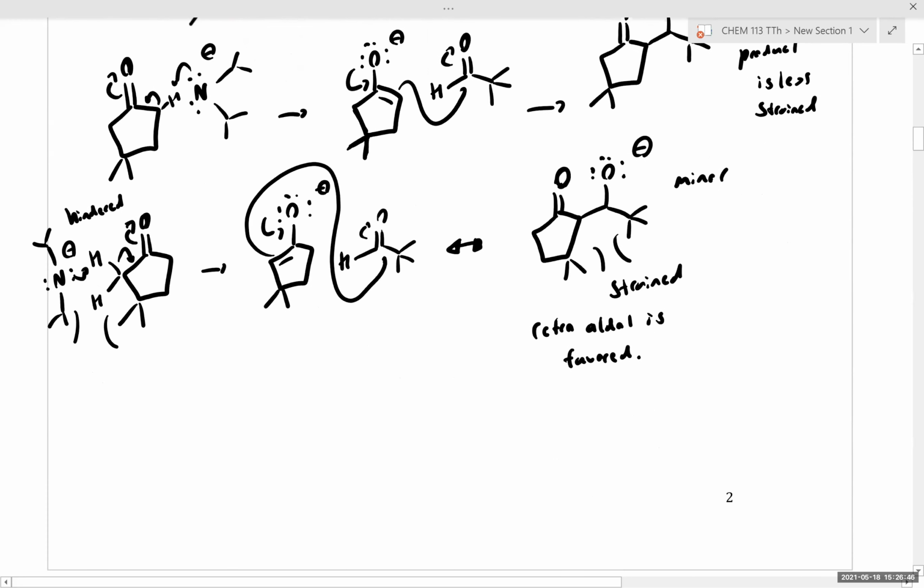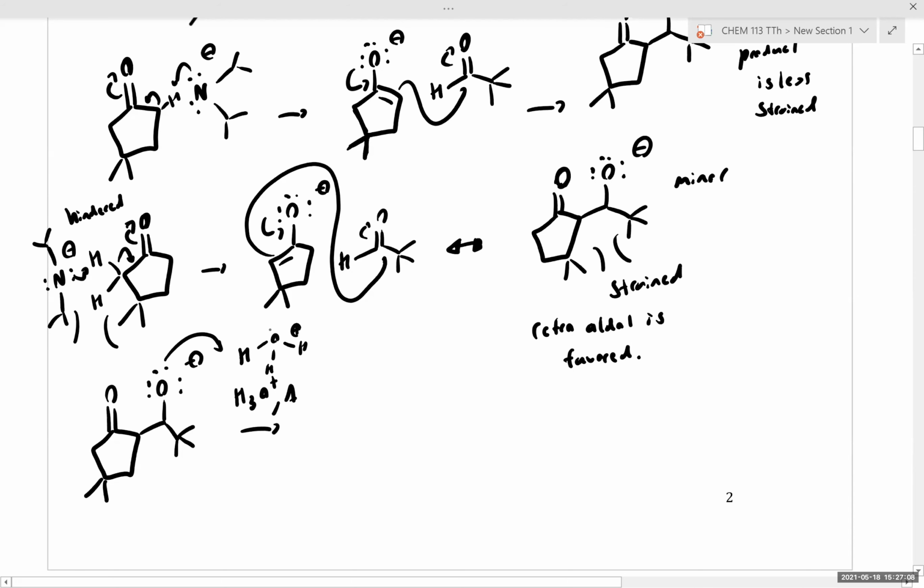So for our major product, if we have this beta hydroxyketone and we treat it with H3O plus and heat, we're going to protonate our oxygen and generate our beta hydroxyketone.